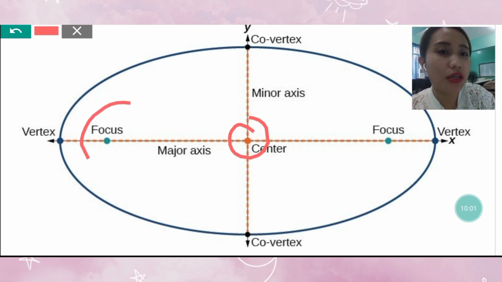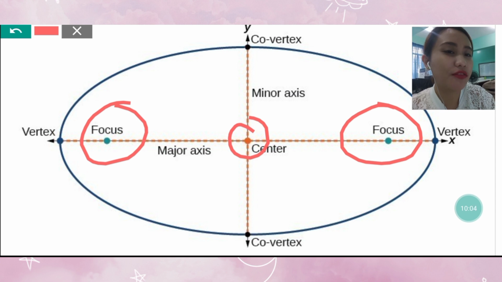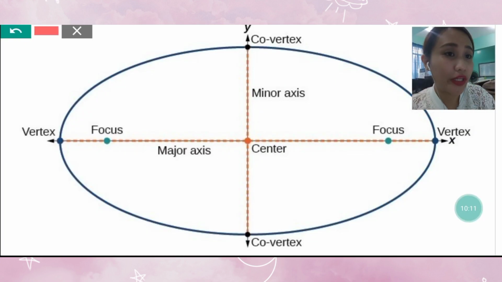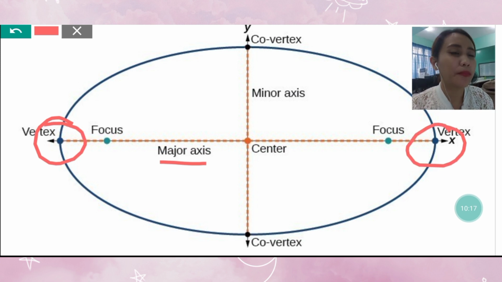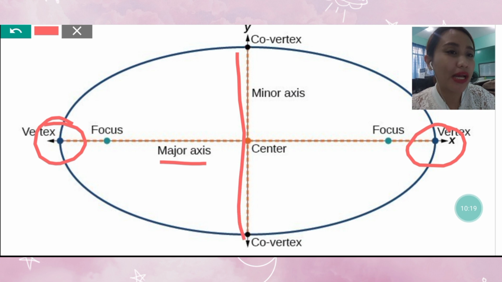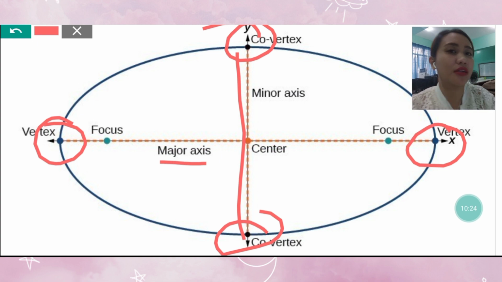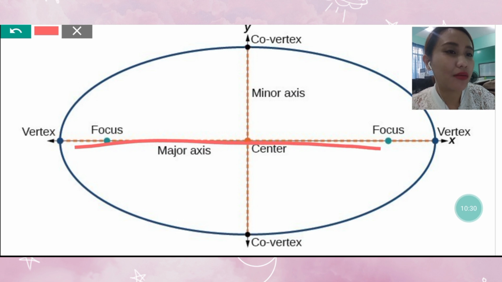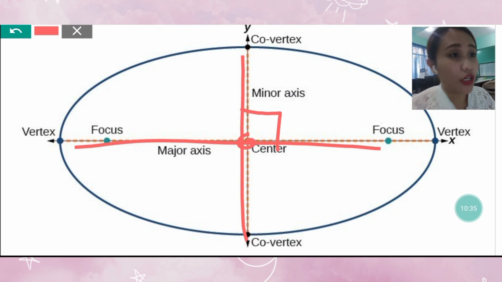Here we have our foci, F sub 1 and F sub 2. For the endpoints of our major axis, we have one vertex right here and another vertex right here, and for the endpoints of our minor axis, we have a co-vertex here and another co-vertex there. Notice that the two axes, the major and the minor, intersect at the center, and these are perpendicular. It forms a 90-degree angle.